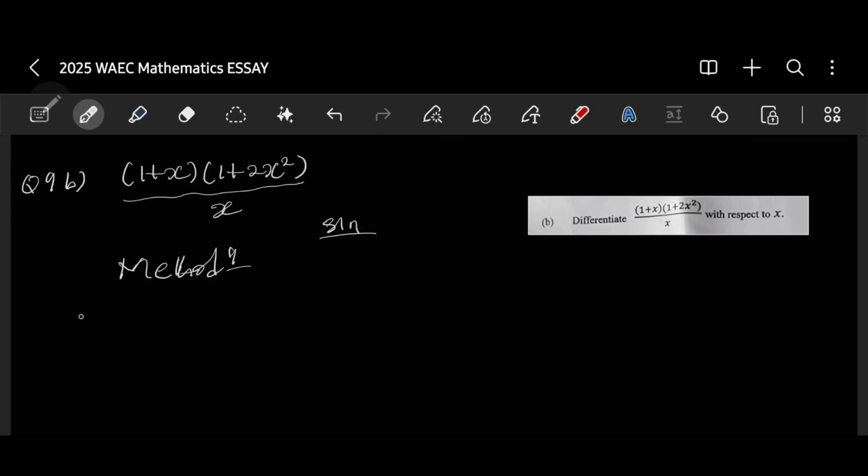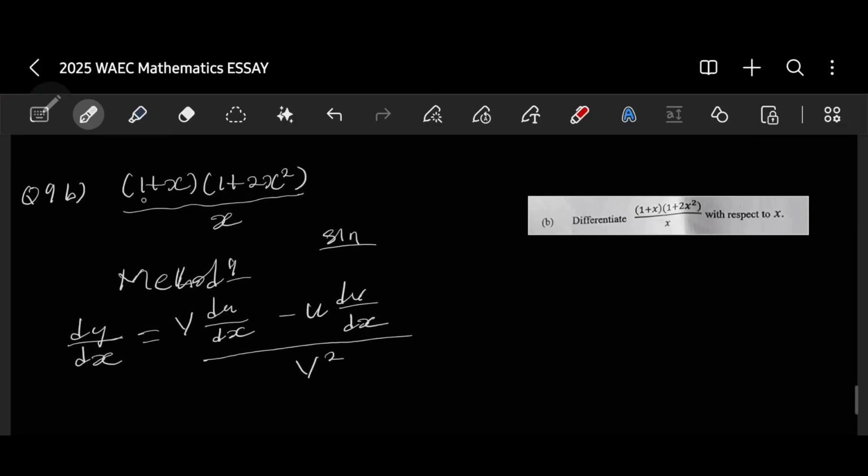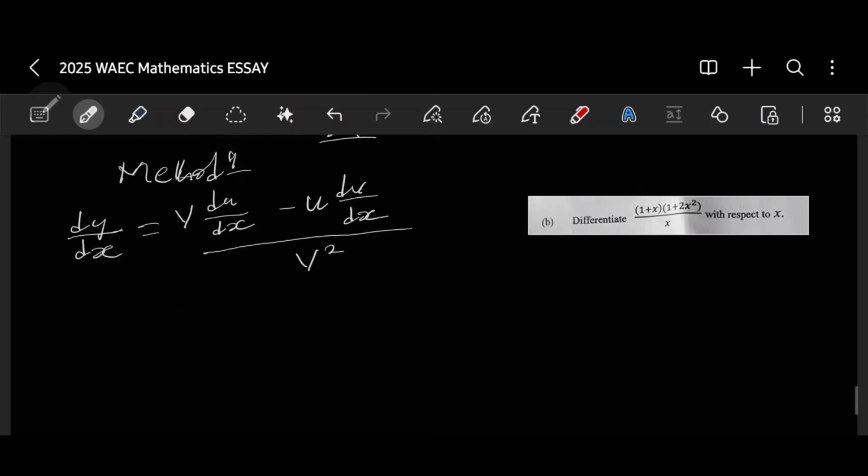Using the quotient rule, we have that dy/dx is equal to v du/dx minus u dv/dx, all over v squared. I'm going to take the numerator as u and the denominator as v.